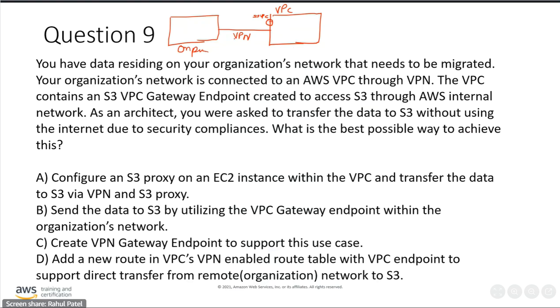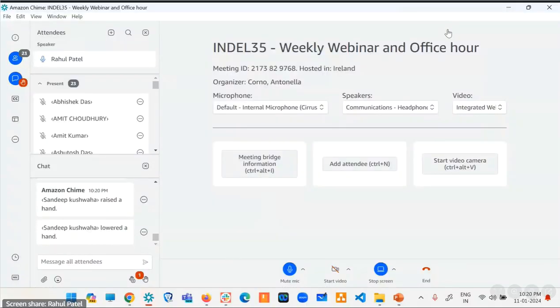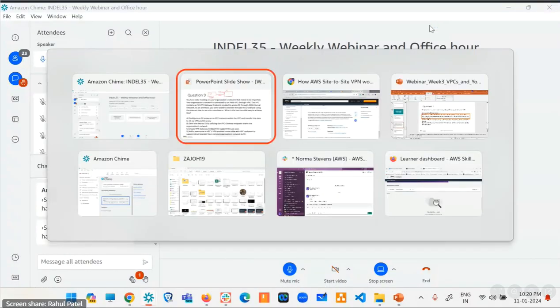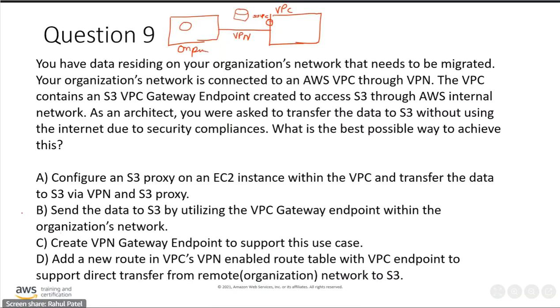So now S3 is somewhere here. What is the best possible way to achieve this? How are we going to do this? Where is the data? Data is here. So can we do this with B? Send the data to S3 by utilizing the VPC gateway endpoint within the organization network.